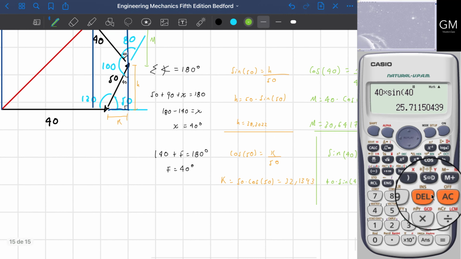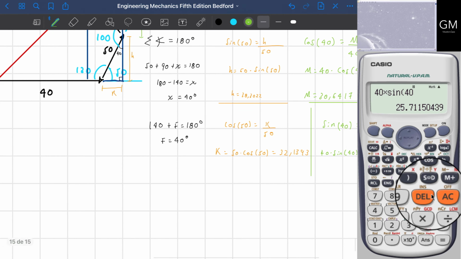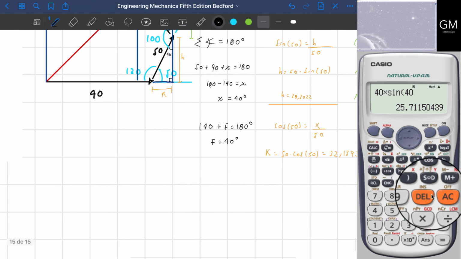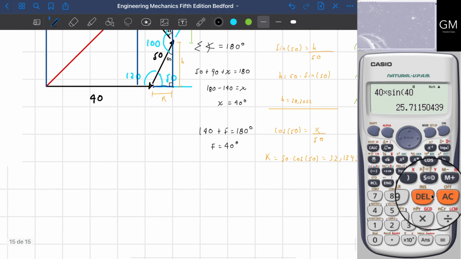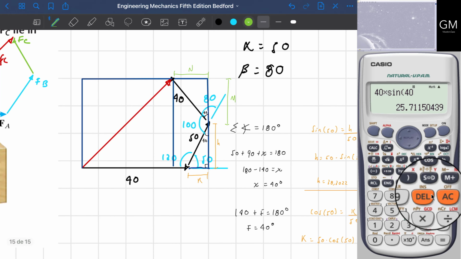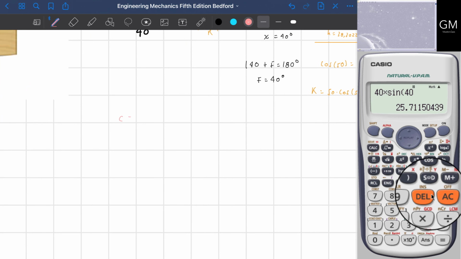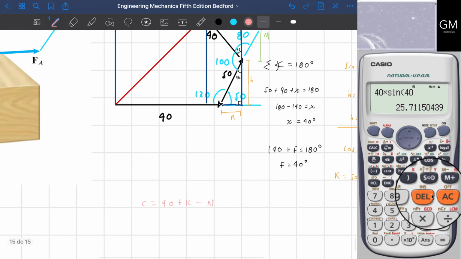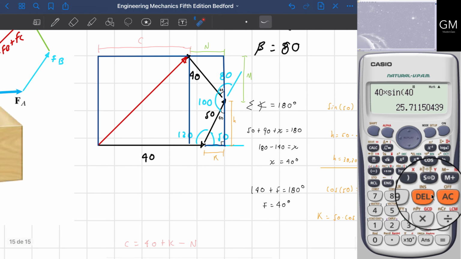Okay, I already have all that I need. I'm going to say that this value that I need, call it for example C, will be equal to 40 plus k minus n. Okay, 40 plus k minus n. Then I have this value.